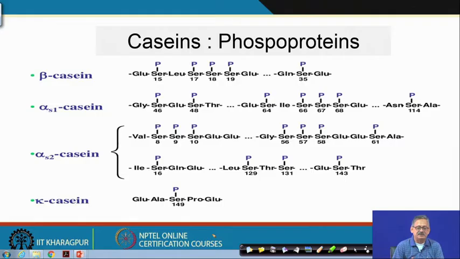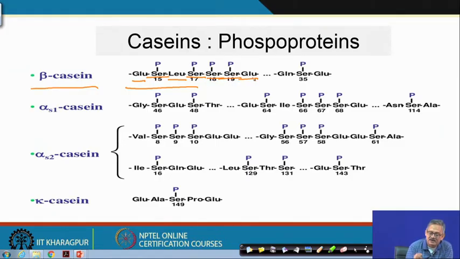Here also, in beta casein, you see GLU, then SER, then GLU, then SER, SER, SER, then GLU, that is different.